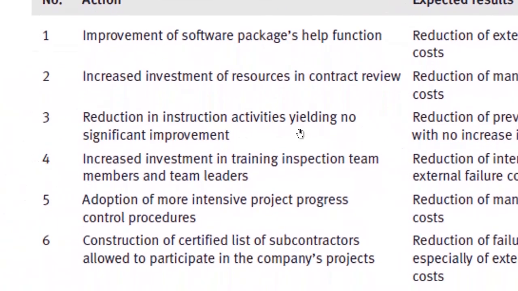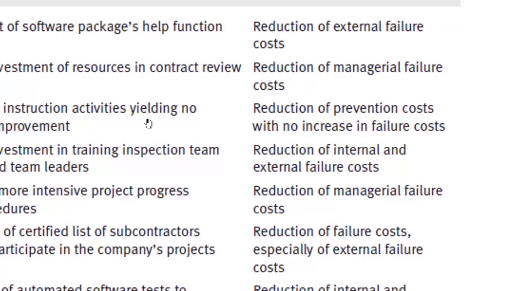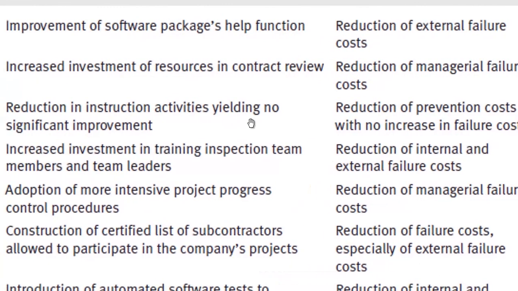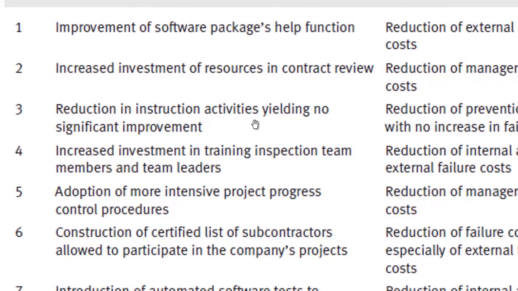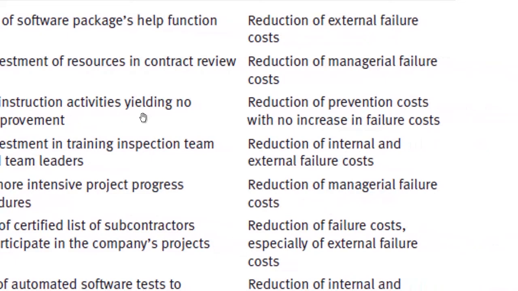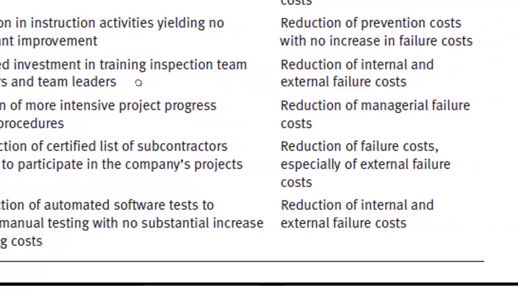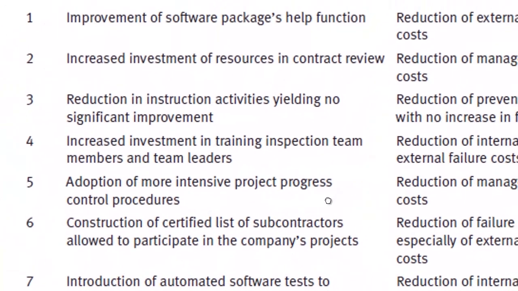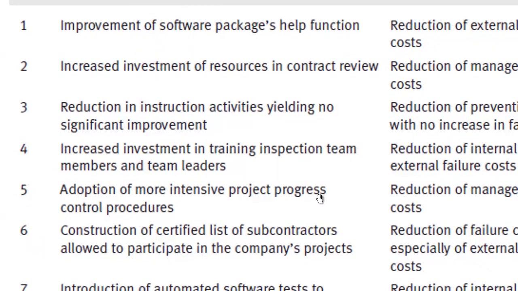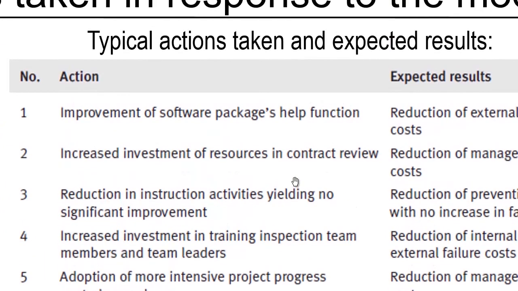Fifth action: reduction of managerial failure costs. Sixth action: reduction of failure costs, especially external failure costs. Seventh action: reduction of internal and external failure costs. So, these are the actions that have to be taken.